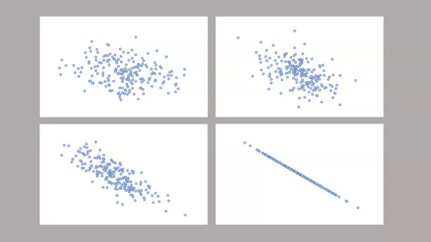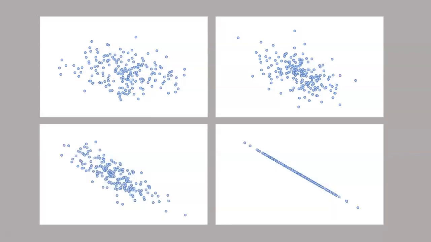In these four scatter plots, I haven't drawn in the regression lines, but we don't need to. You should be able to see from the scatter plots alone that the general trend in each case is downwards. The tendency of the points to cluster around an invisible line is fairly weak in the top left, stronger in the top right, stronger still in the bottom left, and perfect in the bottom right.